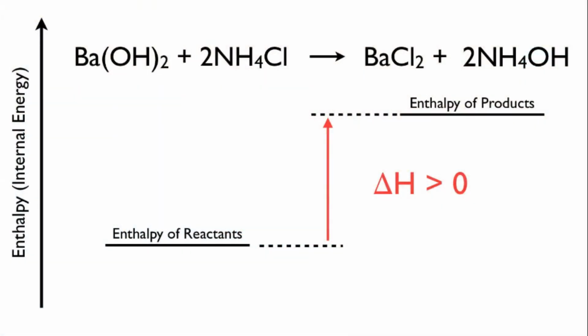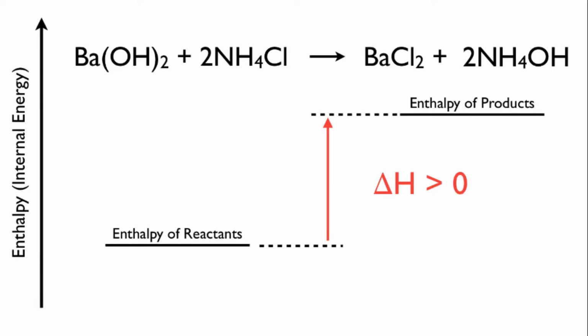And here's a schematic of that process, this time with the correct reacting species. Our barium hydroxide and our ammonium chloride produced a dramatic drop in energy. So imagine you were holding that beaker, you would feel it very cold. What does that mean? That means that heat is being drawn out of your hands. It's being drawn out of your hands and into that beaker or into the system.